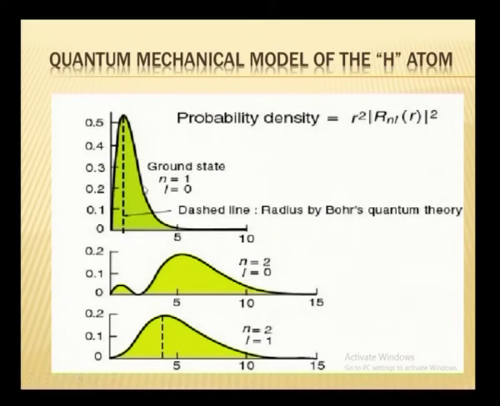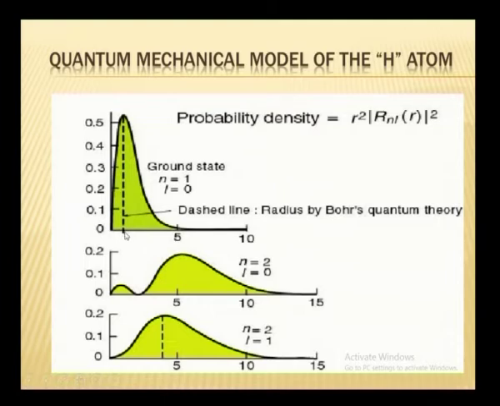The interesting thing I should point out here is that quantum mechanics is not at complete variance with, or completely disagreeing with, the Bohr atom model. Bohr said the electron should be found only at this point, revolving around it with this as the radius, right? But according to quantum mechanics, the probability is maximum at this point.